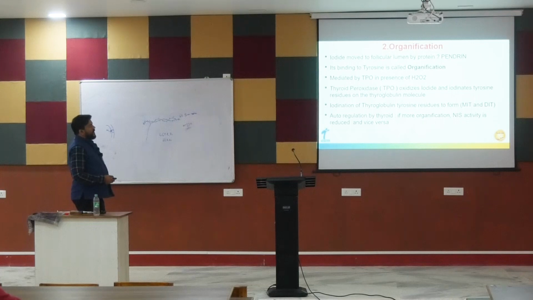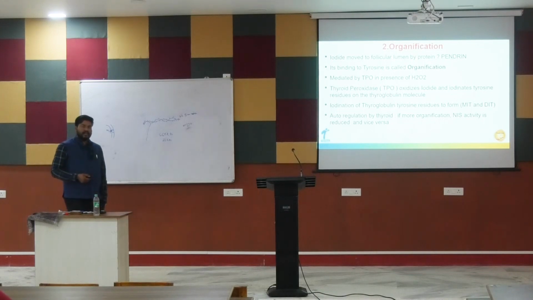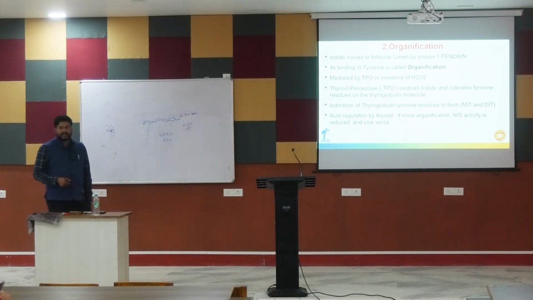So if one MIT binds with one DIT, triiodothyronine, that is T3, and tetraiodothyronine is T4, from 2 DIT molecules. Okay, so auto-regulation by thyroid: if there is more organification, NIS activity reduces, and vice versa.